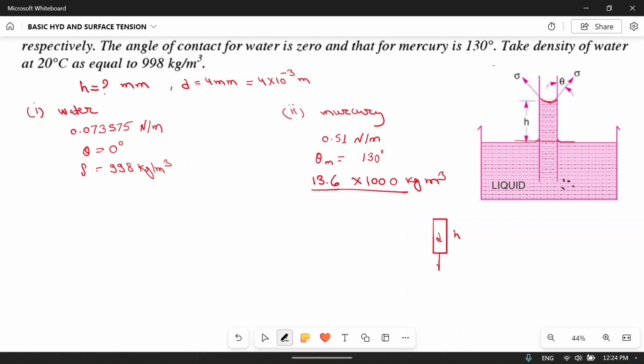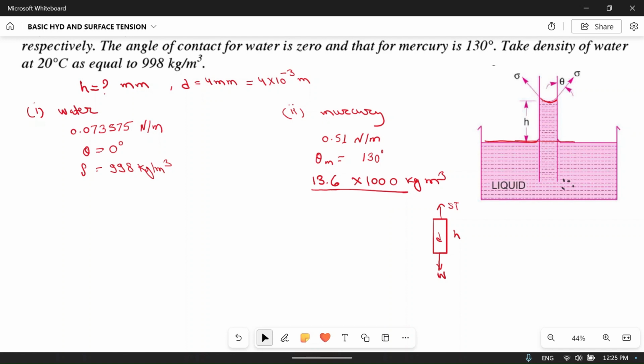So what are the two forces acting? This liquid is in equilibrium at this height, so there will be two forces balancing each other. First one is weight W, the weight of the liquid column. It will try to pull this liquid column to the original level, and there is another force which is the surface tension force. So these two forces are balancing each other.